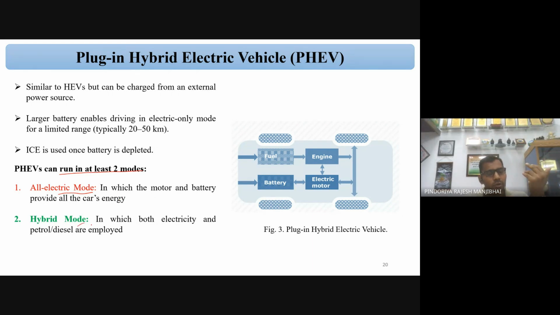Otherwise, the hybrid mode, in which both the electricity and the petrol diesel are employed. So hybrid and plug-in both are same. Only difference is in the plug-in hybrid electric vehicle, we have to connect the external power supply to charge our battery.